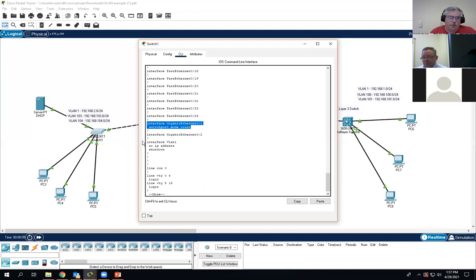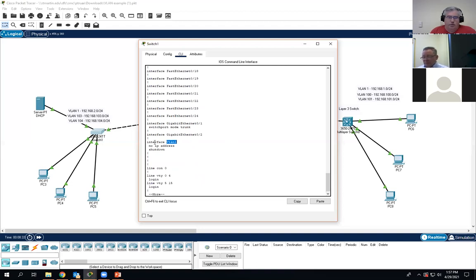And then if we wanted to manage the device, we could actually give an IP address to VLAN 1 and we could manage it. But in this case, we didn't do that. With Packet Tracer, you can just double click it and get into the console port. So there's not a real big reason why you'd want to set up a management address on here.